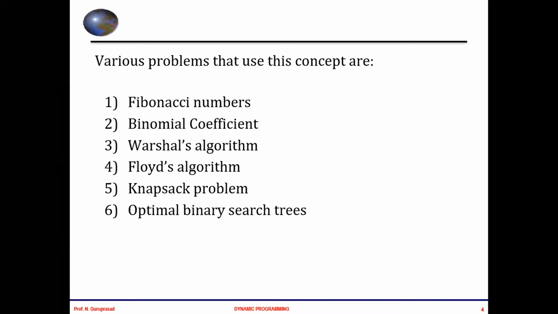No, the word programming here has got nothing to do with computer programming. Please keep this in mind, because here the word programming refers to the process of obtaining an optimal solution for any problem that is given to you, right? So basically dynamic programming revolves around optimality.